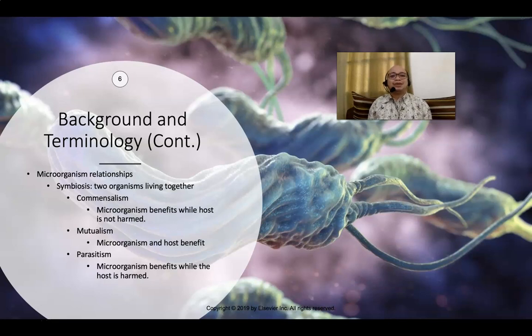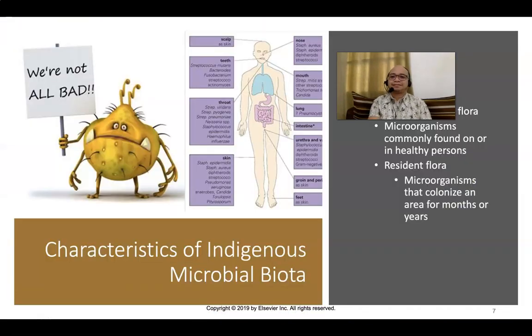Mutualism is, I think, the most perfect of the three relationships we'll be discussing here. And of course, we do not want a parasitic relationship, where microorganisms benefit while the host is harmed in the process.